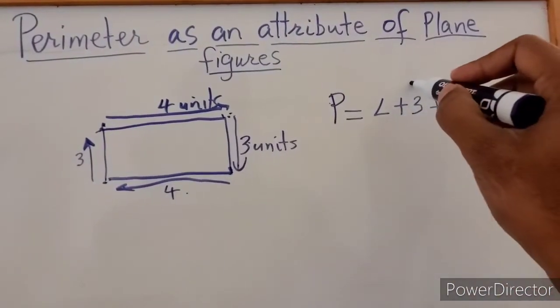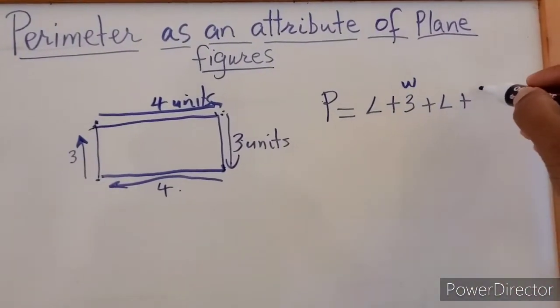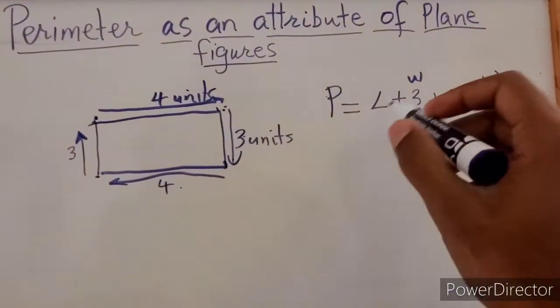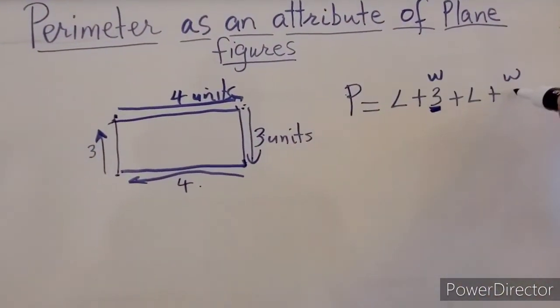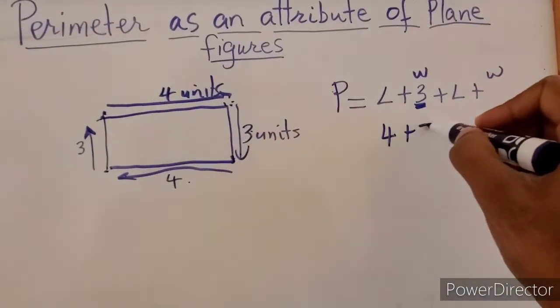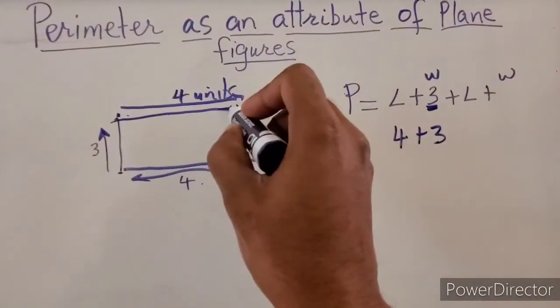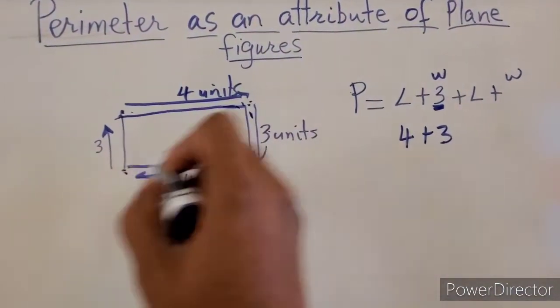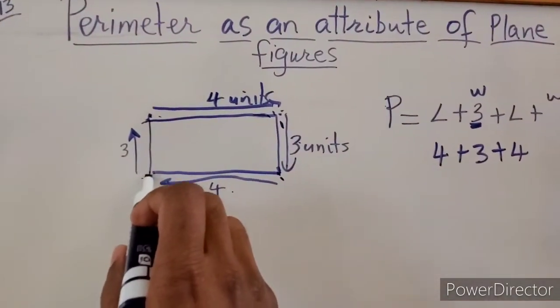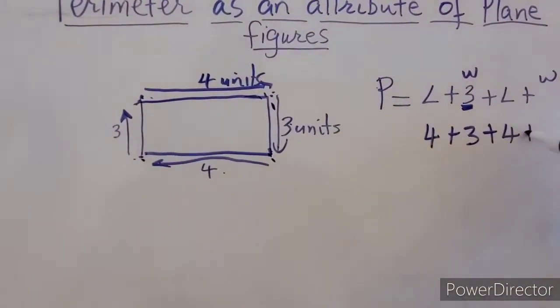So this 3 would be the width. The first length is 4, plus 3, which is here, plus here, plus here, which is 4, another length, plus this width, plus 3.